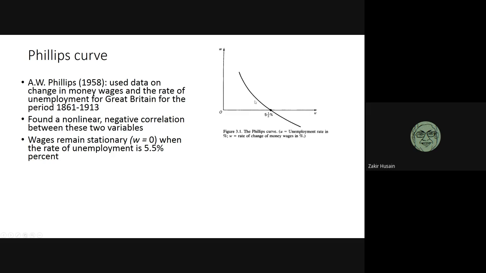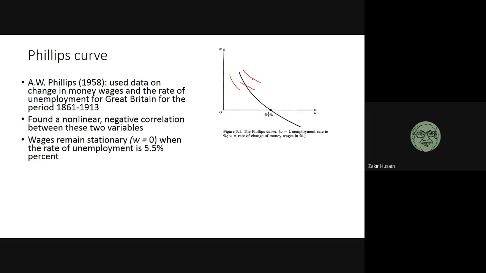Now, the fact that there's a negative relation as such is not very important. What is important is that the relation is stable. So that means this curve doesn't shift over time. We don't have something like this, that for 5 years it's like this, then it moves like this, then it moves like this.